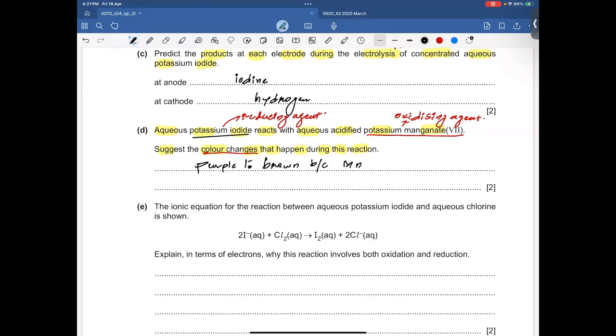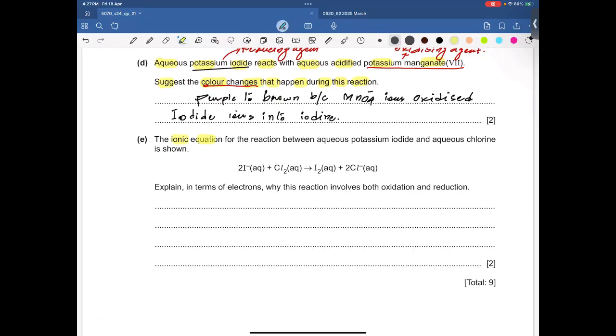Because MnO4 negative ions oxidize iodide ions into iodine, and iodine has a brown solution. All right.